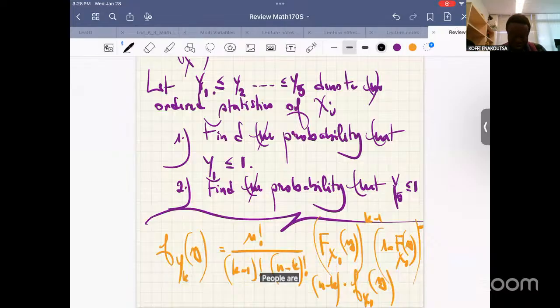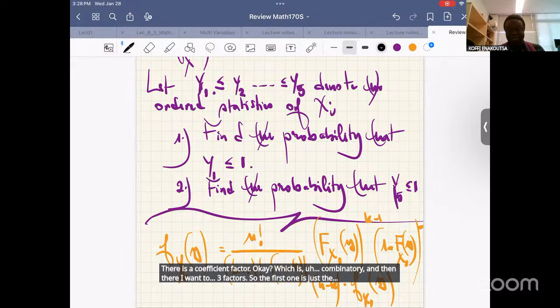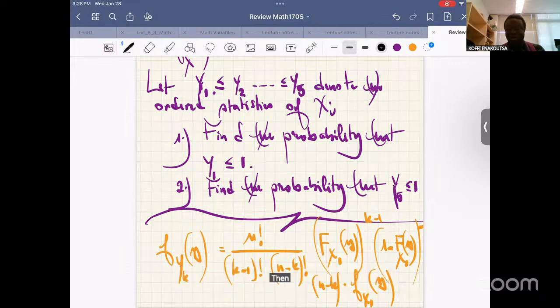I say, no, if you want to learn it, just separate it. There is a coefficient factor, which is a combinatorial. And then there are 3 factors. So the first one is just the CDF for one of the X, which is X1 in this case. Then you have that one to the power k minus 1, and 1 minus F_X, that one comes with the power n minus k. And then there is a third term to add. That's it. It's not crazy. So that's all I was saying, okay?